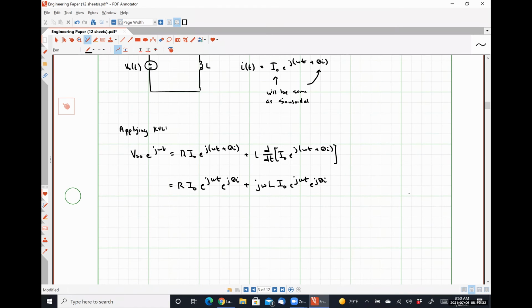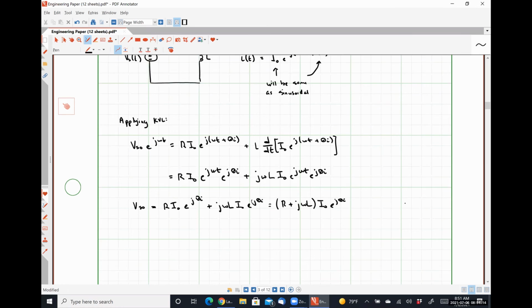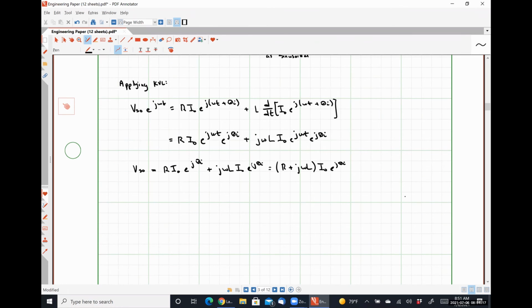So that leaves me with Vs naught is equal to R times I naught e to the j theta I plus j omega L times I naught e to the j theta I. And I'm going to group terms here, leaving me with R plus j omega L times I naught e to the j theta I. And finally, I'm going to divide.